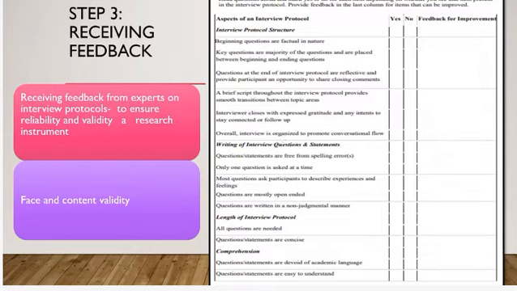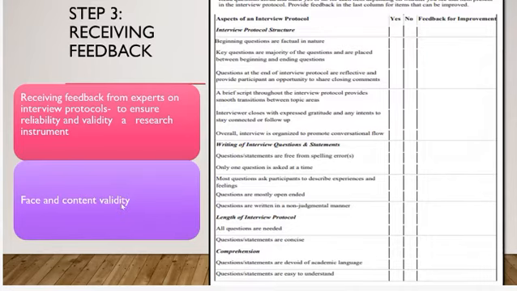We can also ask the panel whether our questions reflect our research objectives. This is what we call content validity. The earlier one is the example of face validity. For face validity, we usually look at the arrangement of the questions, the suitability, the length of the questions, the spelling, grammar, and so on.